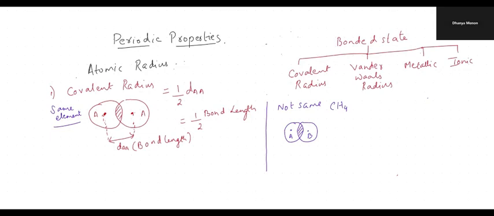In this case, d_AB = r_A + r_B, the radius of A plus the radius of B. But this is the case when the elements have the same or similar electronegativity.